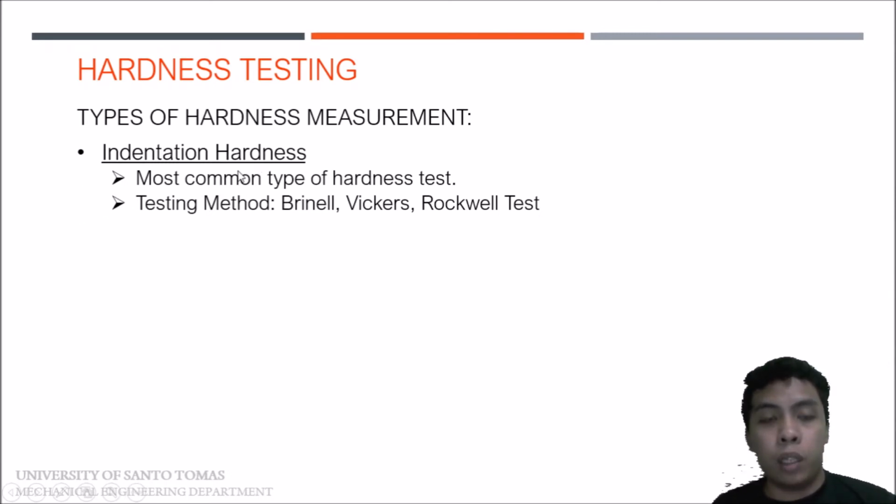And then measuring the size and the depth of that indention, that will be the parameter that we'll be using in calculating the hardness. So the different types of hardness test are first, Brinell test, second, Vickers test, and lastly, Rockwell test. So lahat yan, i-discuss natin later on.